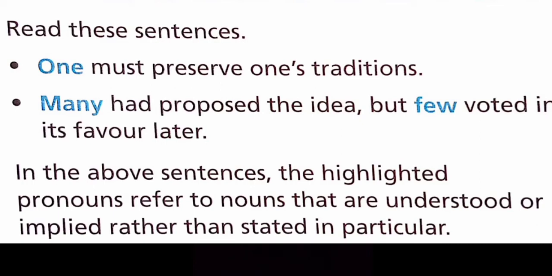Many had proposed the idea, but few voted in its favor later. In these sentences, the pronouns one, many, few refer to nouns that are understood or implied rather than stated in particular.